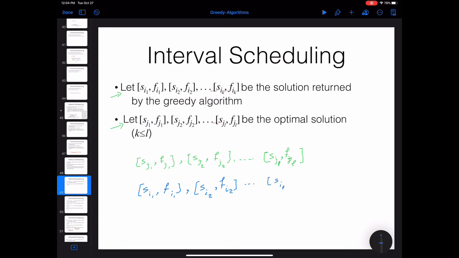The claim here is that L is going to be greater than or equal to K, because this is going to be optimal, right? So I don't know if K is equal to L or not. I'm going to prove to you that K is equal to L.